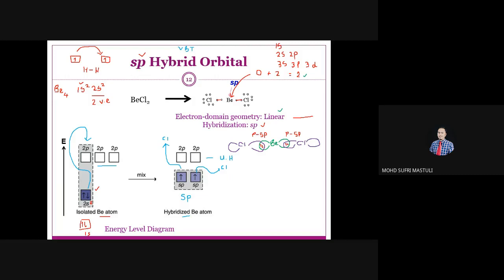So this is the way to draw the geometry of the sp hybrid orbital. The diagram of hybridization is linear, the same.